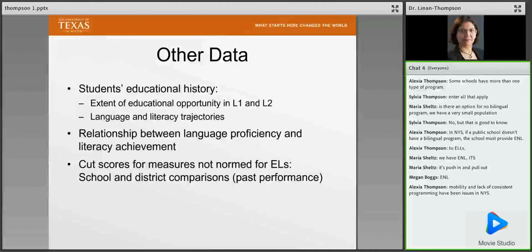In some cases, those benchmarks might be higher than what your other benchmarks are, right? So you won't have those children that are reading 130 words per minute and still only having like a 19% or a 29% probability of passing the state accountability test. Those children might have to read 150 words a minute in order to have a higher probability of passing.